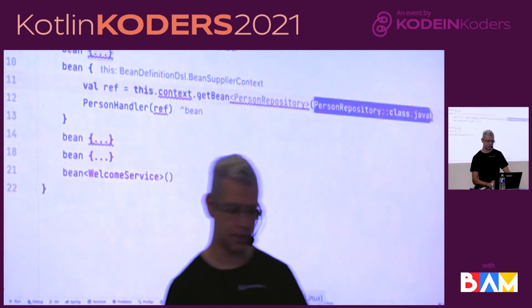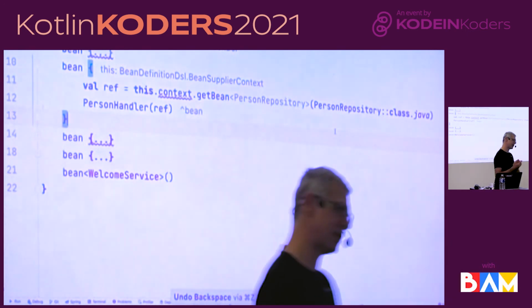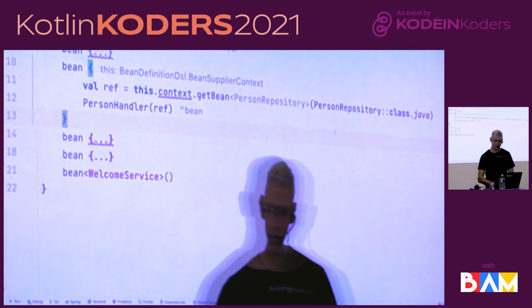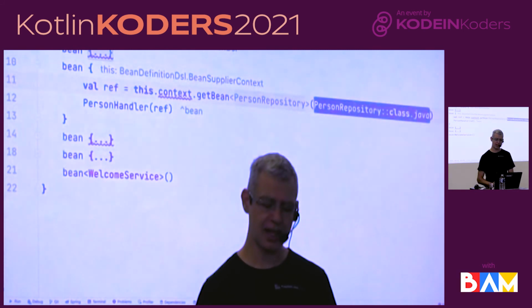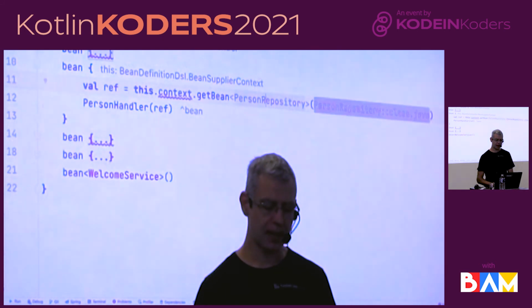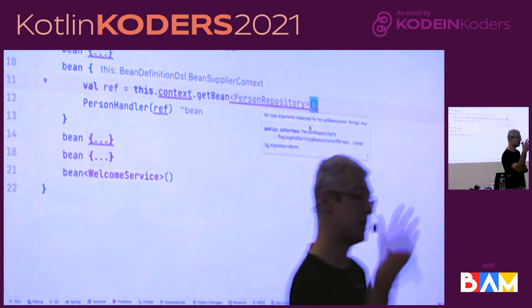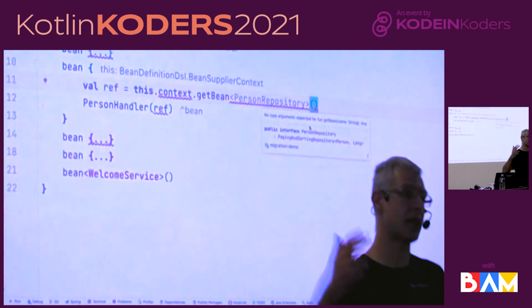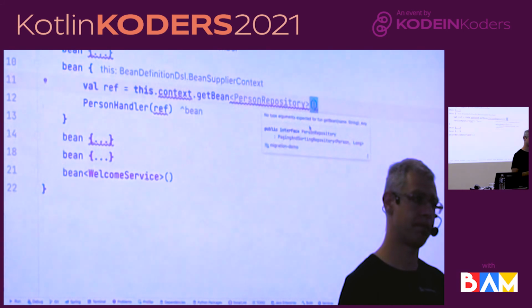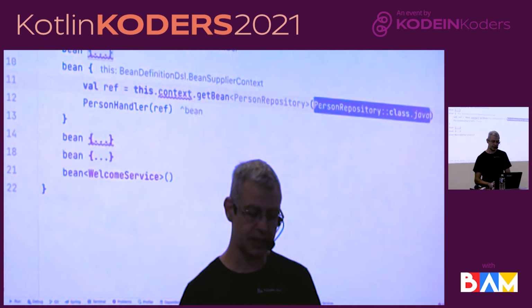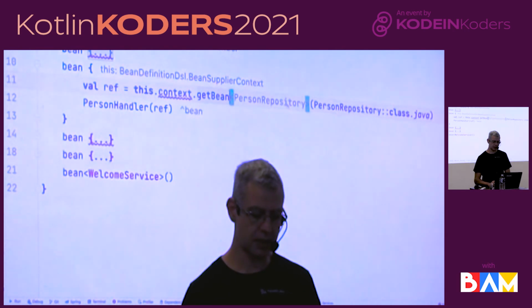The problem is we are working with a Java code base. And within the Java code base, we need to type this saying, hey, I need a bean of type PersonRepository.class because simple generics wouldn't be enough. Generics would get erased at runtime, and so at runtime, the framework wouldn't know which type it should find in the context. So we need to pass that, and of course, if we pass it here, this becomes not necessary at all.